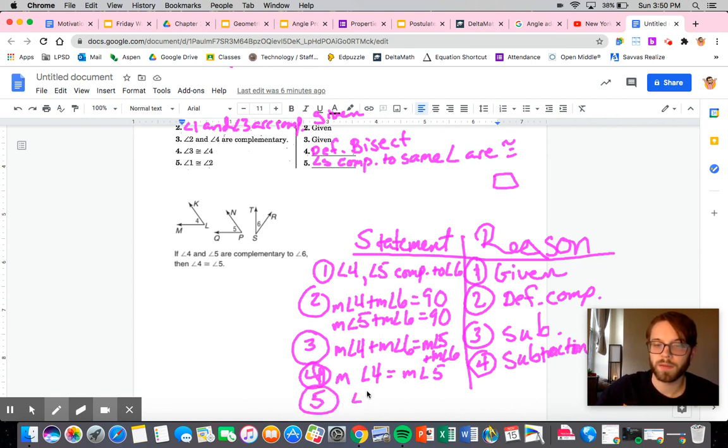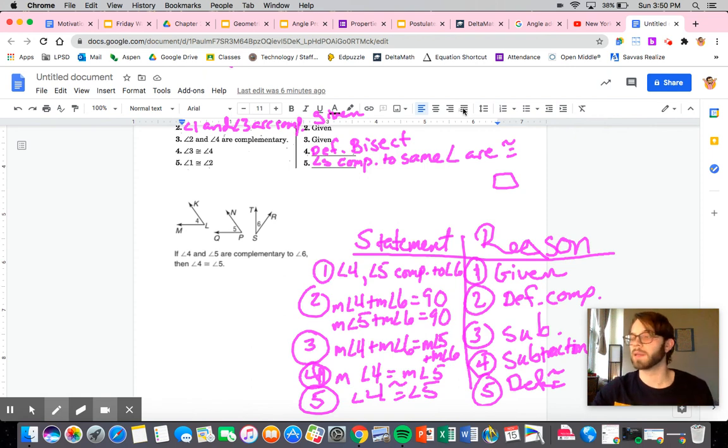Last step, we have angle 4 is congruent to angle 5. And this is going to be a very common ending step. It is just the definition of congruent. Technically, it's the definition of congruent angles in particular, but overall, we know it's just the definition of congruence in this particular case in relation to angles.